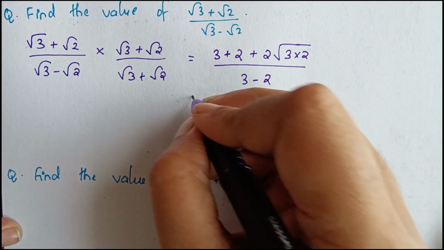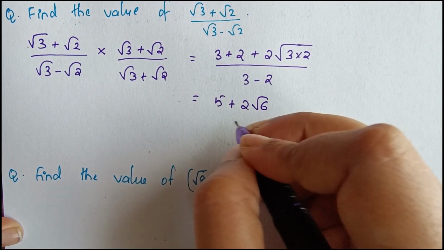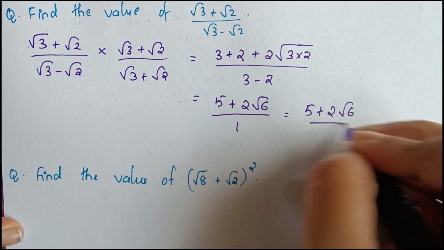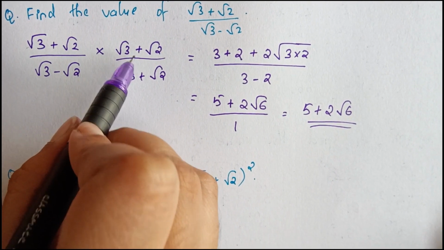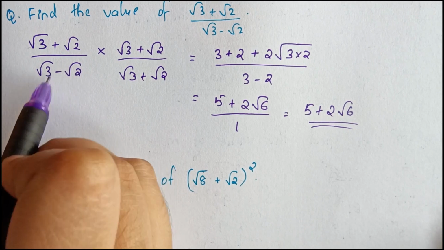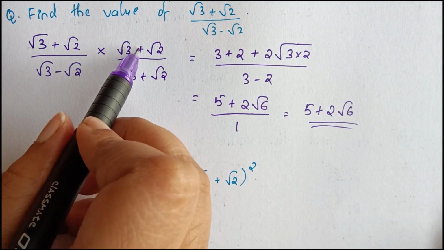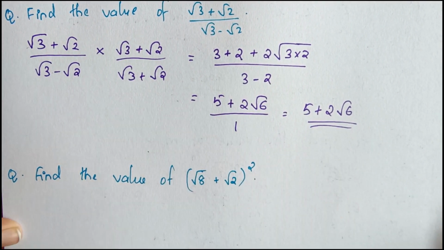So that is equal to 5 plus 2 root 6 divided by 1, which is equal to 5 plus 2 root 6 is the answer. So for such questions, you need to multiply the numerator and denominator by the reciprocal of the denominator. If here it is minus, then you need to provide plus here, and then just simplify. You will get the answer.